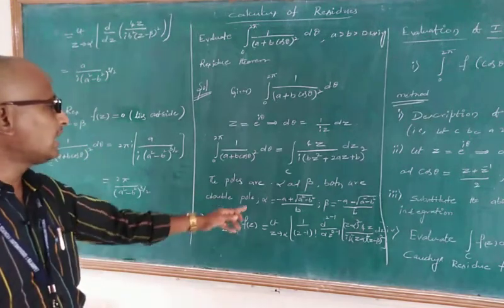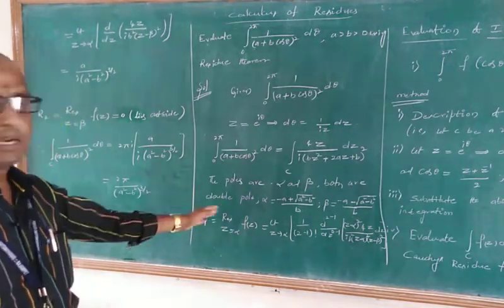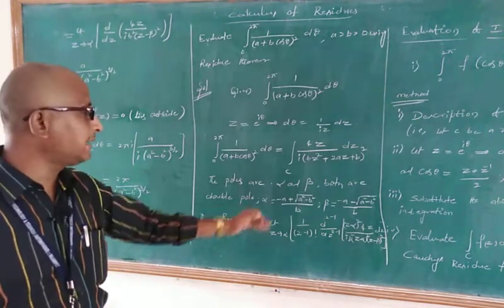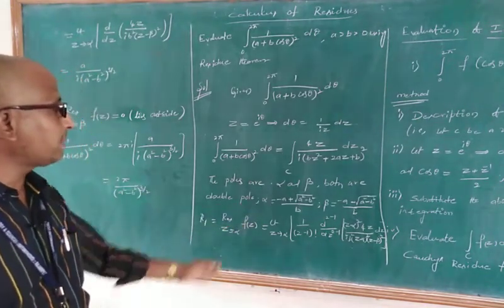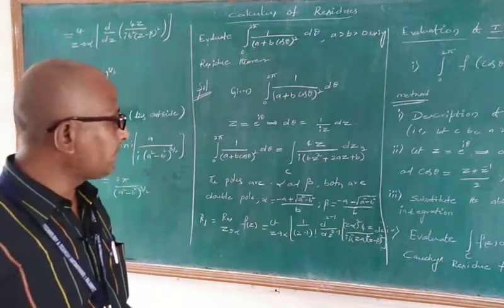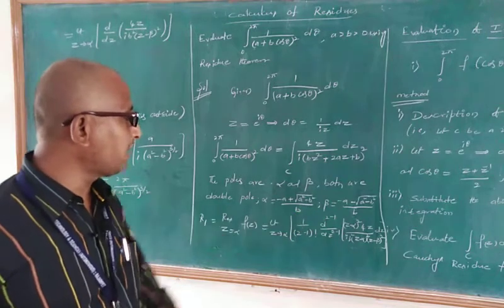The poles are α and β, both double poles, where α = (−a + √(a² − b²))/b and β = (−a − √(a² − b²))/b.